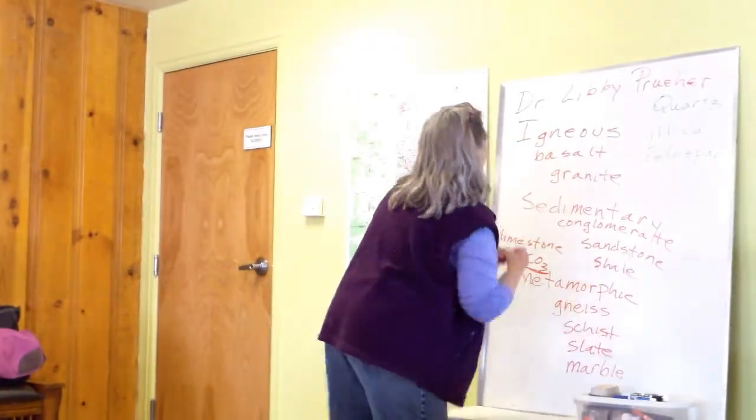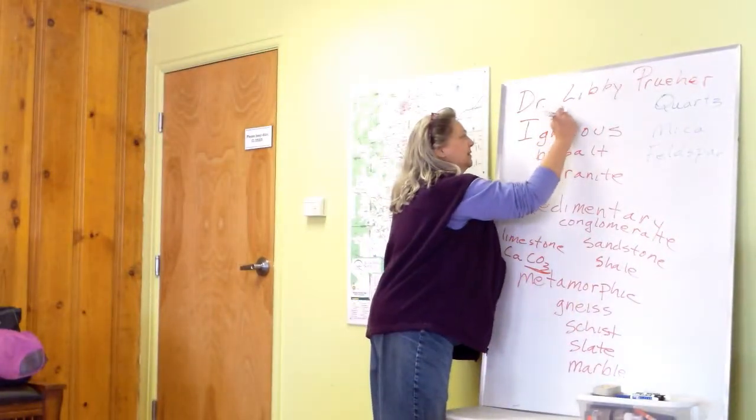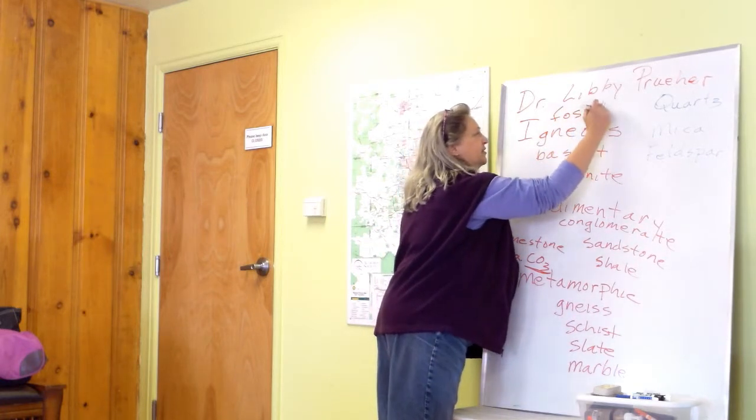The other thing about limestone can be tricky because it can be inorganic, like it just precipitates out of the water, or it can be organic. So a lot of times when you find a rock full of fossils, that's limestone as well. We call it fossiliferous limestone, to give you a big fancy word. It's just fun to say.